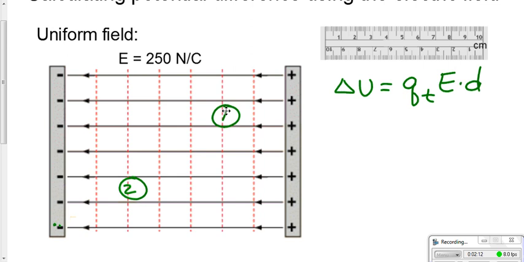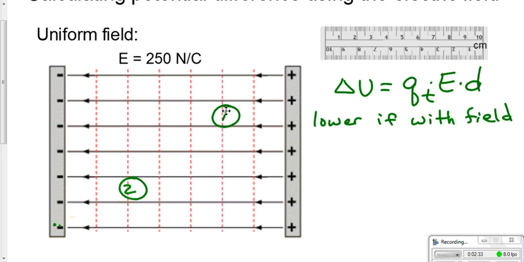The product of those three values is the amount that the potential energy changes. And we have to remember that it gets lower if we move with the field. So if we move our test charge in the direction of the field, or at least partially in the direction of the field, that is when it's going to get lower.